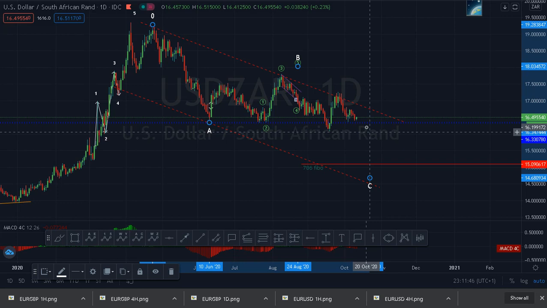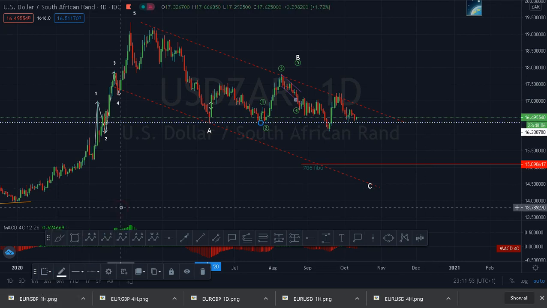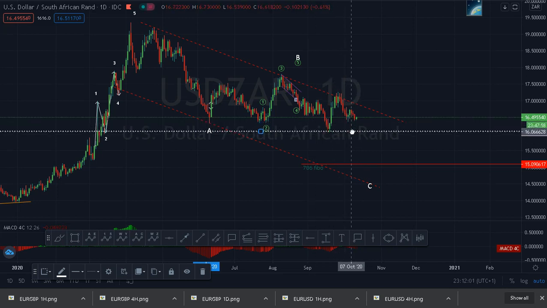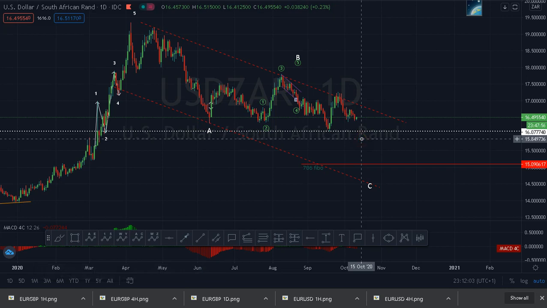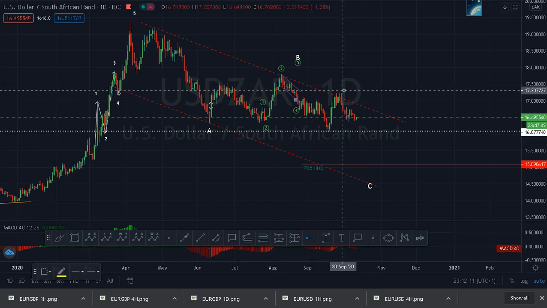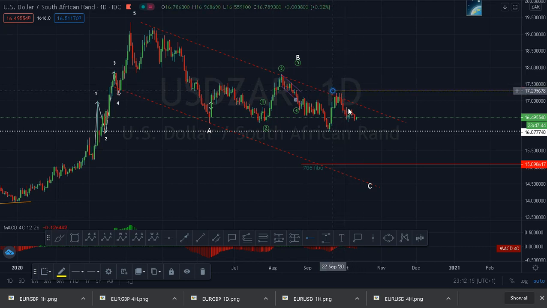But as it stands now, keep your eyes on this very low. If you are selling, you keep your eyes on this low. If you are buying, you keep your eyes on this high. So this very line has much to do on this very pair.